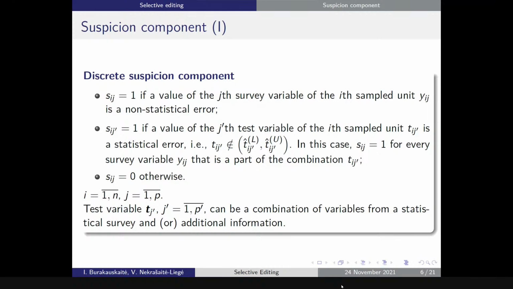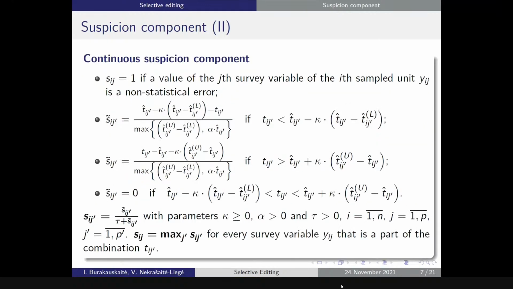Now about a discrete suspicion component. Its structure is pretty simple. It equals 1 if an observation is a non-statistical or statistical error, and it equals 0 otherwise. Whereas a continuous suspicion component has a little bit more complex structure compared to a discrete suspicion component.